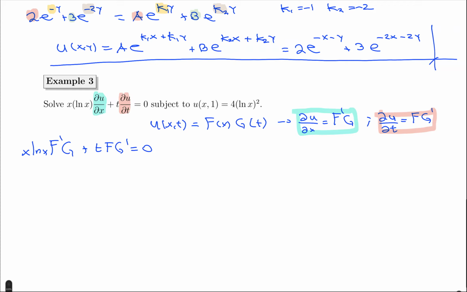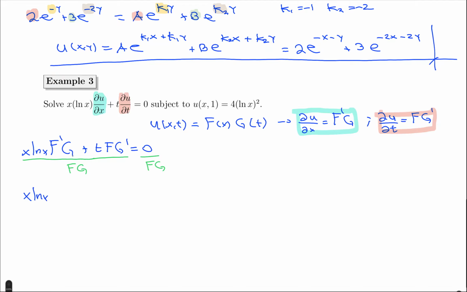To begin our separation of the variables, again, we're going to use the same trick we did in the previous example. That is, divide both sides by the product FG. So that's going to leave us with x ln x.